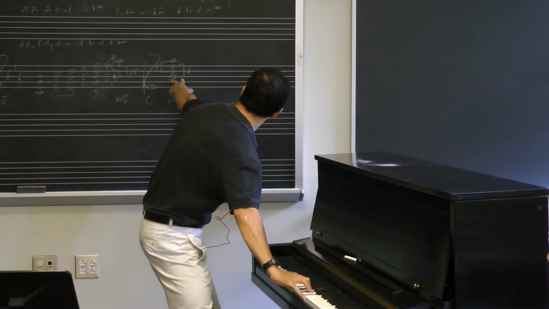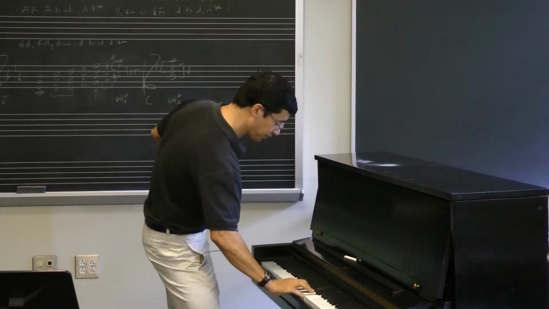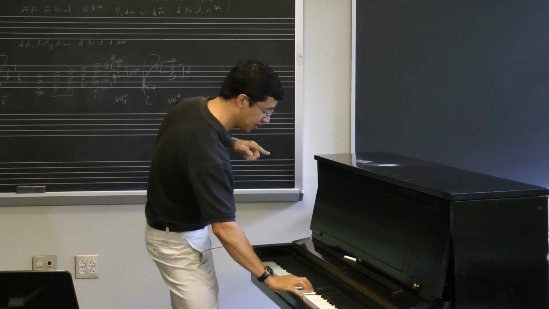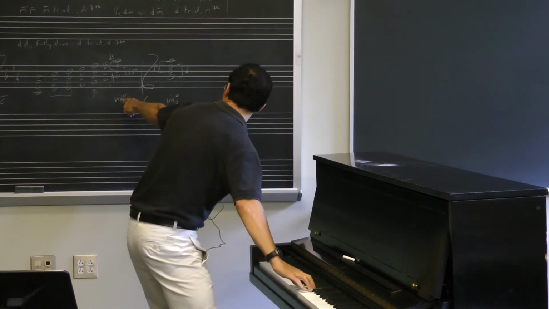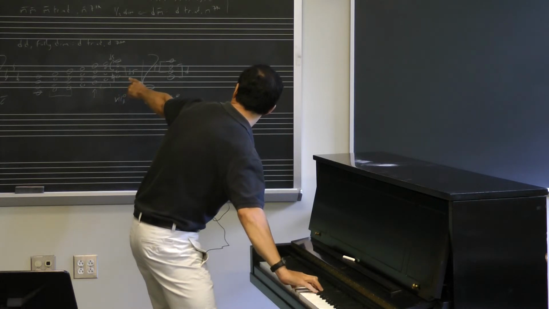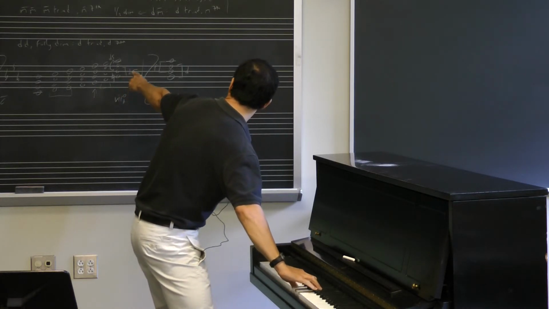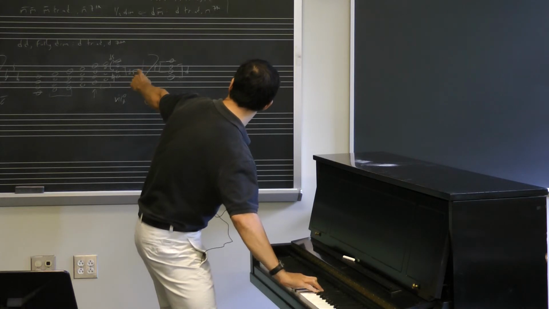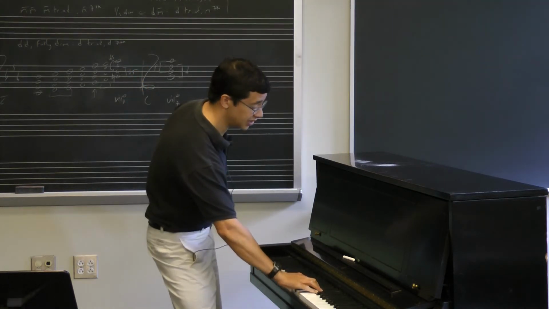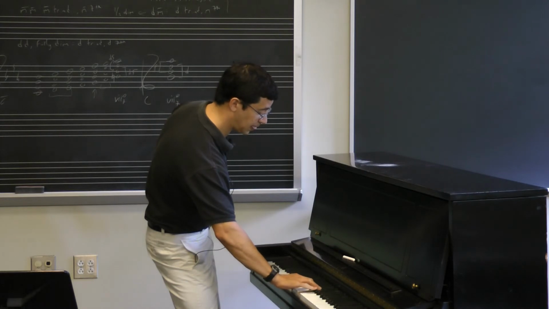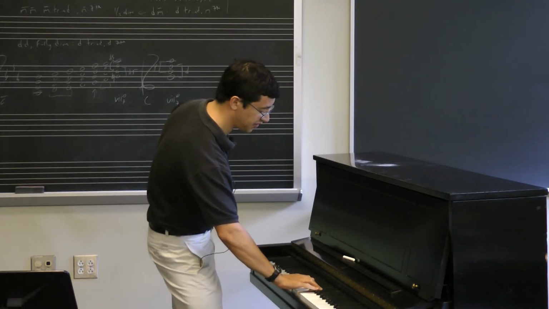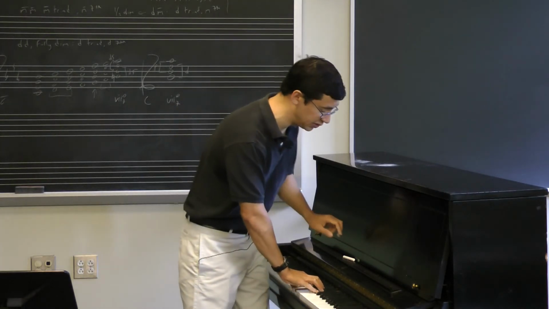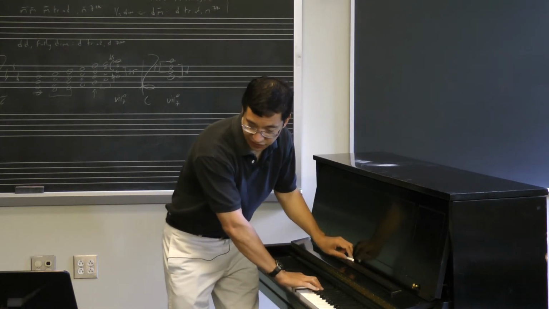Diminished triad plus a minor seventh. Perfect fifth between third and seventh, versus in minor now, diminished triad plus diminished seventh, fully diminished seventh chord, diminished fifth between root and fifth, diminished fifth between third and seventh.